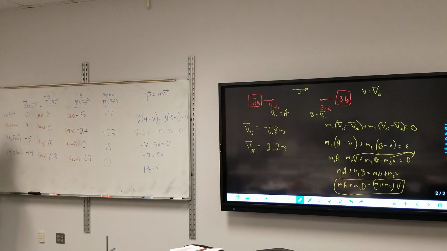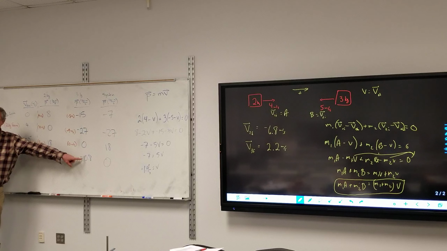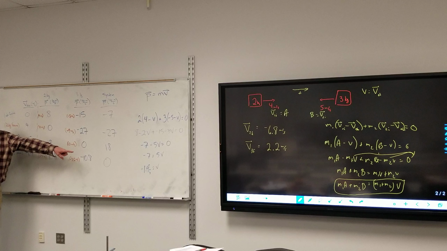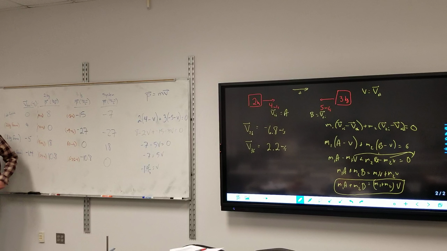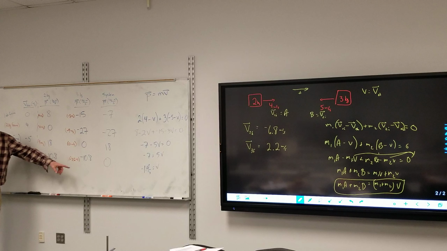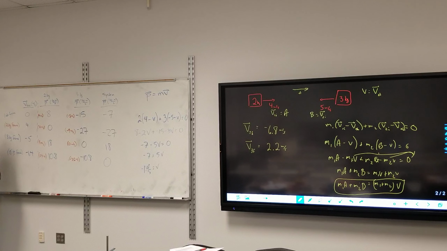So if you multiplied this times 3, you'll get negative 10.8, but since my total has to be 0, if this is 10.8, that better be negative 10.8. They have to add up to 0, yeah. Now, I would recommend multiplying by 3 just to confirm if you're going through this.